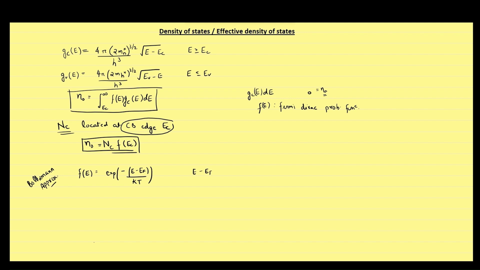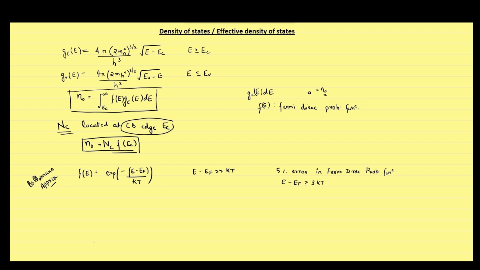And we consider this expression to be true when E minus EF is several times greater than kT. You should also know that for 5% error in Fermi Dirac probability function, we can assume that when E minus EF is greater than or equal to 3 kT, then Boltzmann approximation is valid.